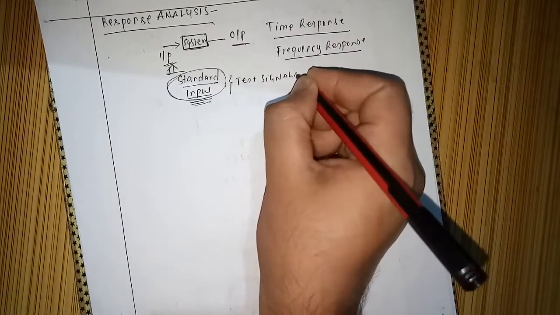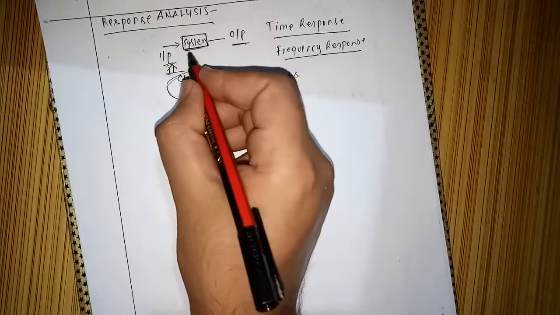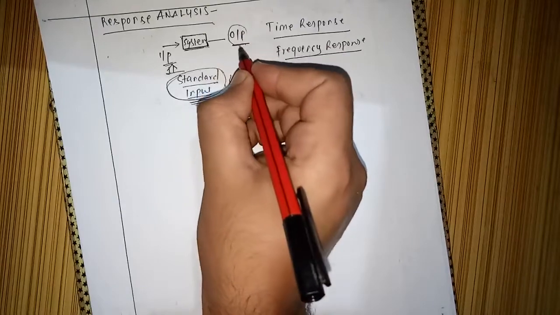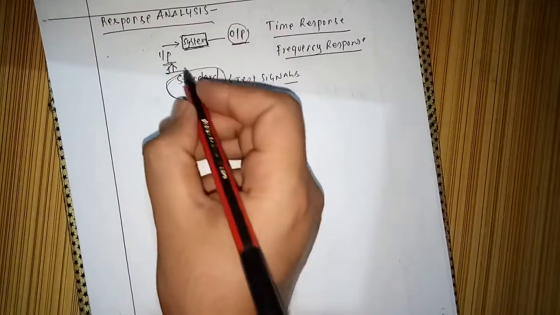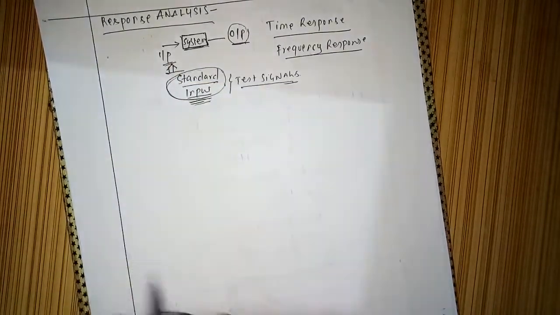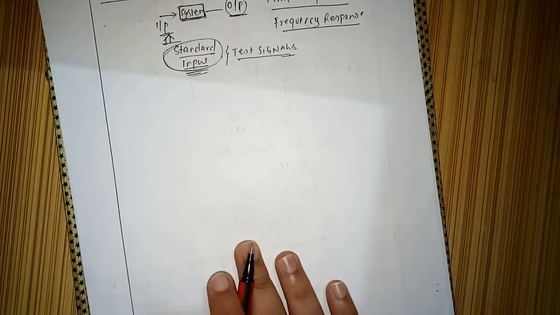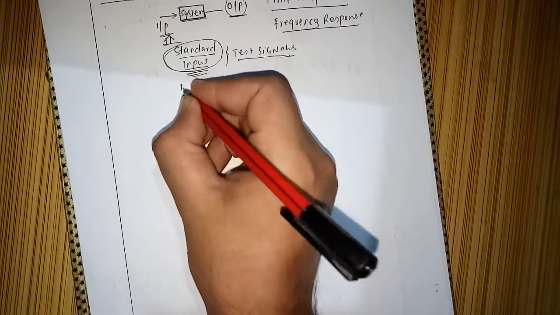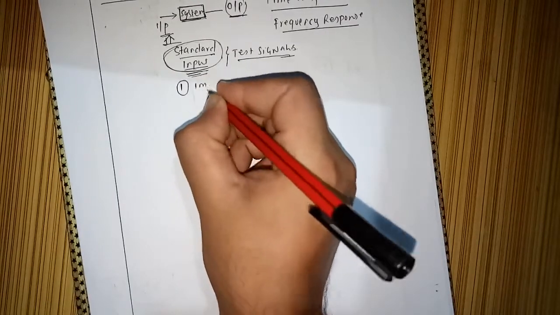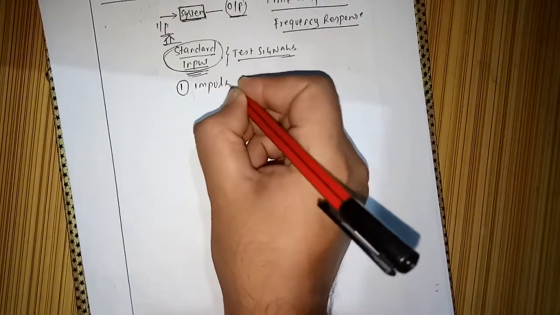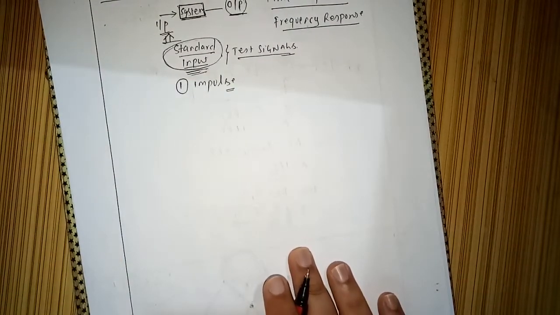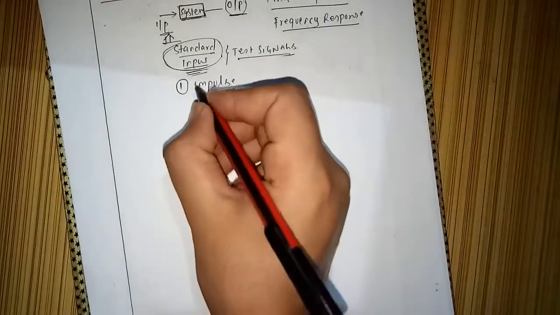Test signals we use to determine the characteristics of the system and what the response of the system is due to those particular test signals. Let's see what the test signals are. Generally, the first one is the impulse. You might have studied it in your signals and systems course, and if you haven't, let me brief you about the impulse.